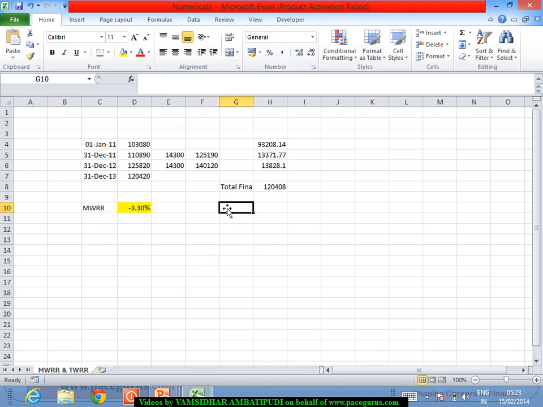In this case it means that particular rate of return that equates the present value or the future value of the cash outflows with the present value or the future value of the cash inflows.